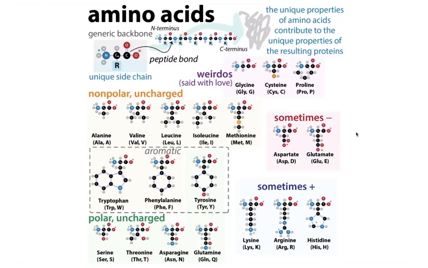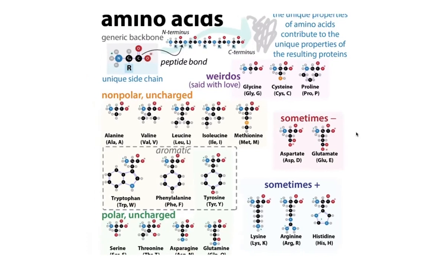A couple of the other ones that are going to be weird are asparagine and glutamine, which are N and Q. Asparagine has ASN as its abbreviation. So not its first few letters, but instead ASN, because ASP was already taken by aspartate.